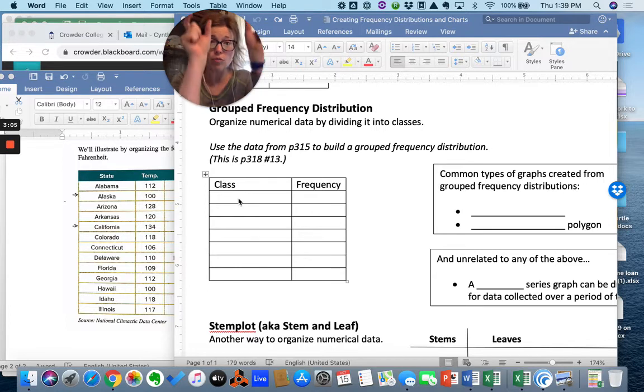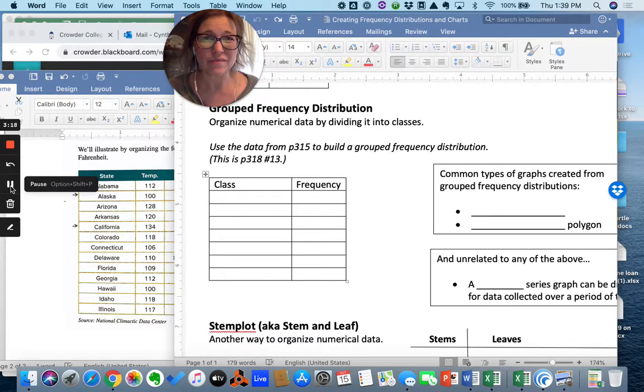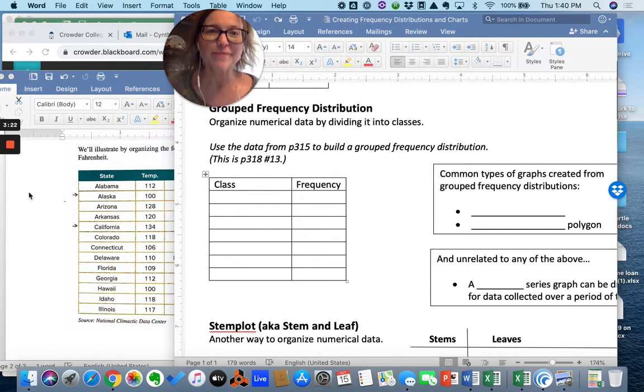And when you look at those bars and how many there are, the fact that you are casting such a wider net for that second class is going to make your graph not be clear. It'll be misleading. We don't want that. So, long story short, make each class be the same size.